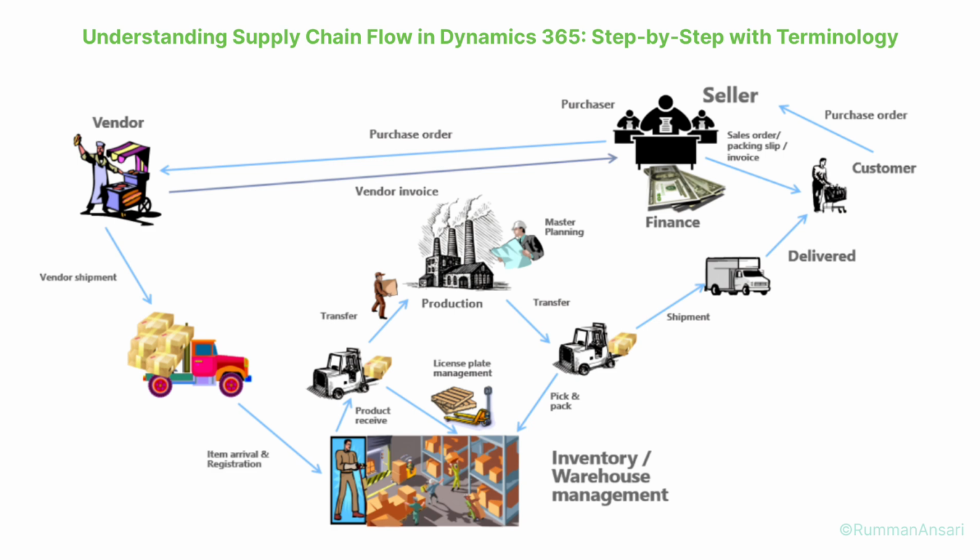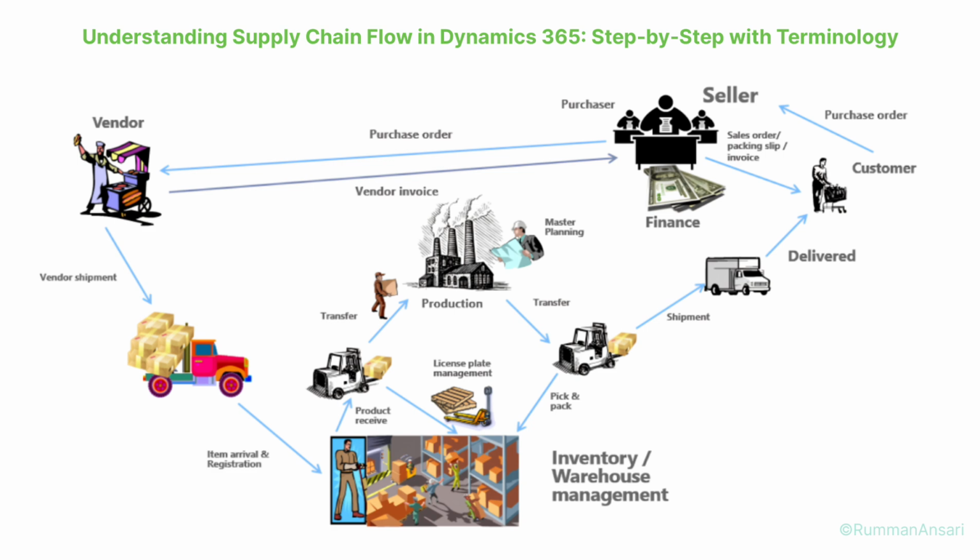So here there is a process called license plate management, or LPM. This is nothing but assigning a unique code, barcode, or RFID code to each pallet, package, or item to track its particular location for the finished good.